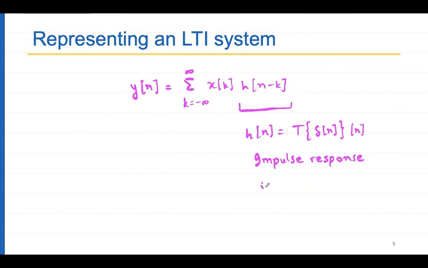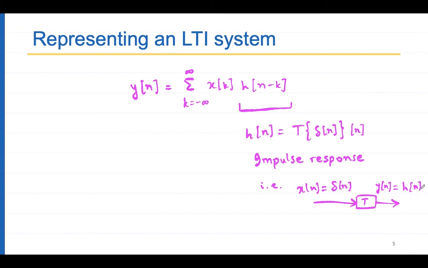That is, this is the y when your x of n is simply delta of n. This is what you pass to your system. The output will be y of n is equal to h of n.